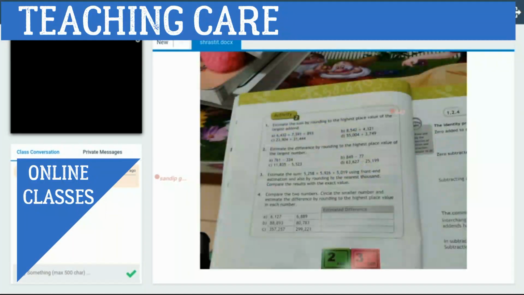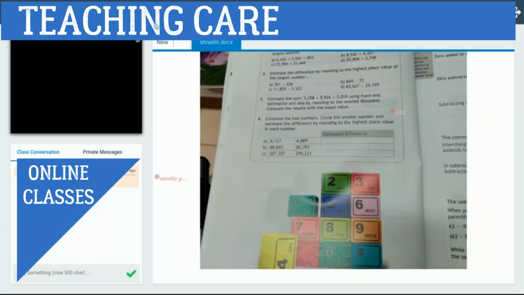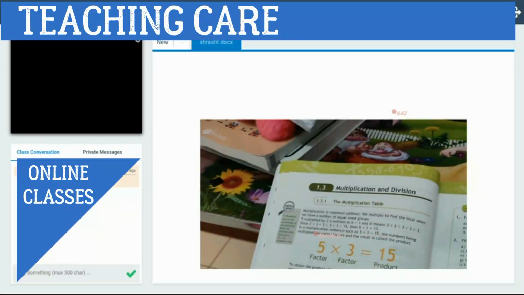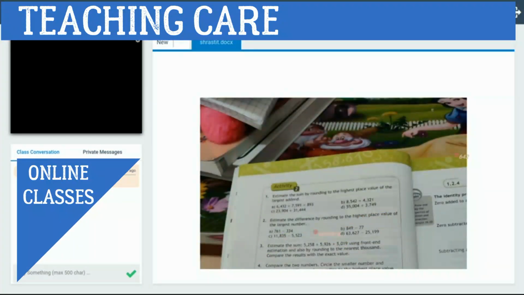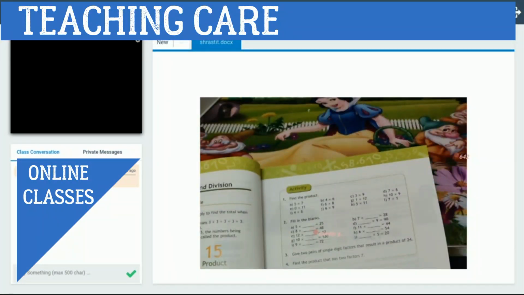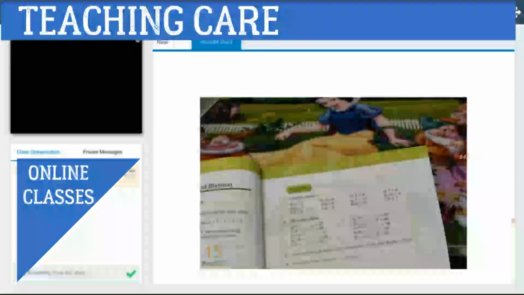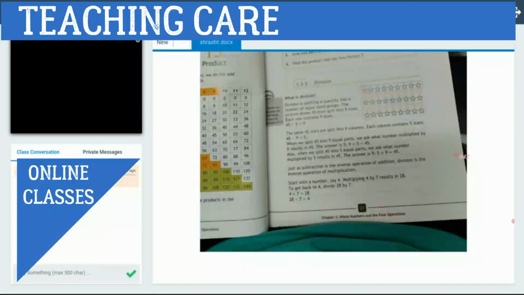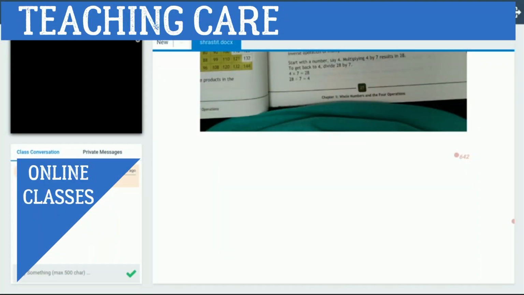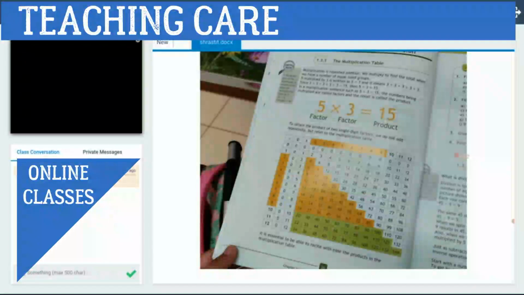Okay, miss. But wait. Can you do the previous page? Wait, I'll show you what to do. Yes, sure. Not actually, it's not this one. The first page. Yeah.